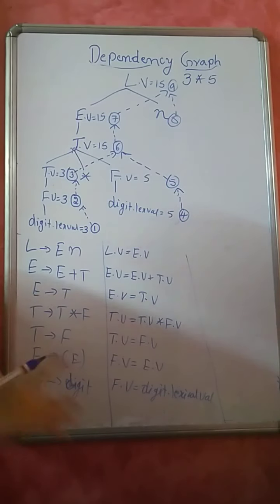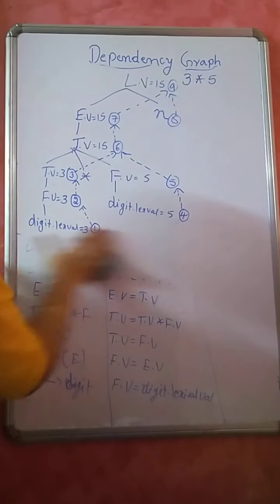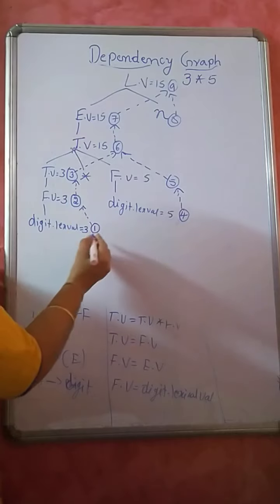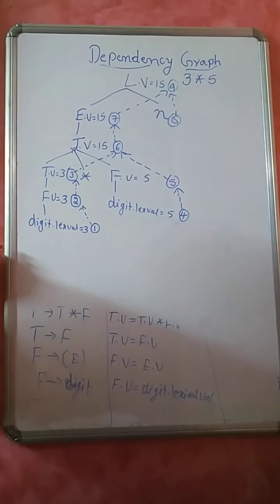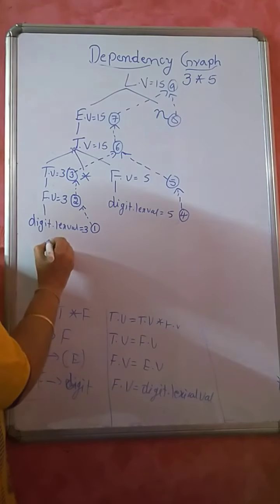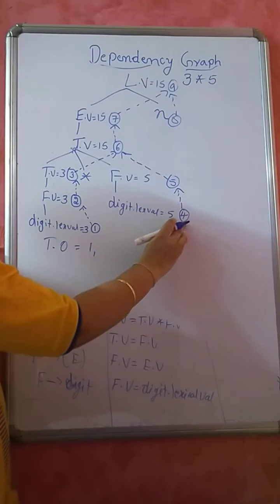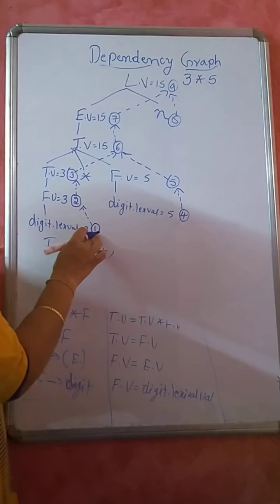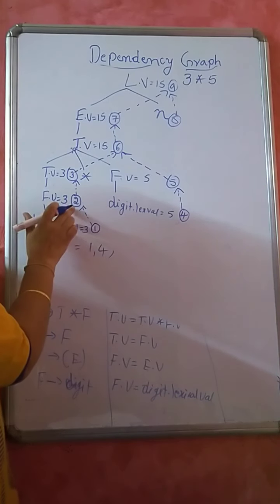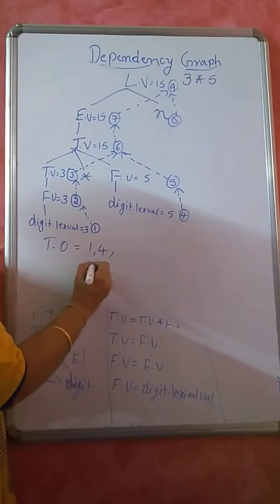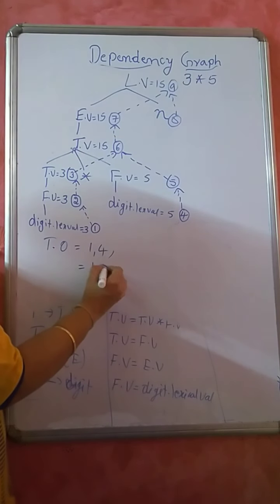Now write the topological ordering for this one. The first node is one whose in-degree is 0. So the topological ordering is 1, in-degree 0. When I remove this, I will remove this also, and this in-degree will become 0. If you want, you can write 1, 4 also, and that is also fine.